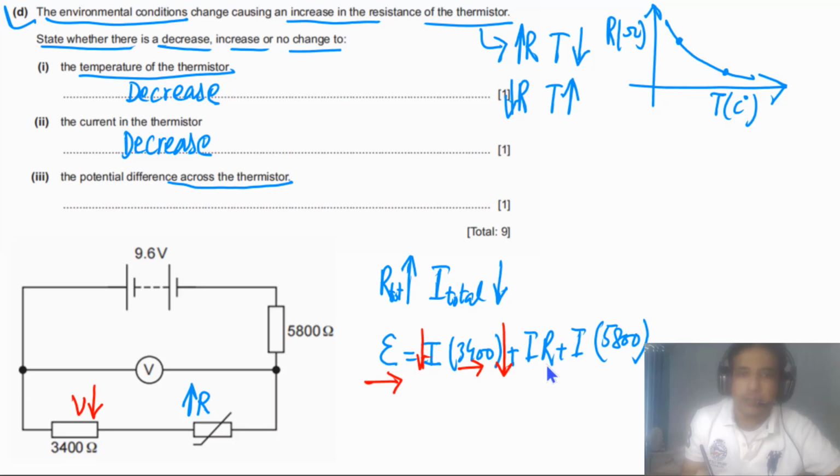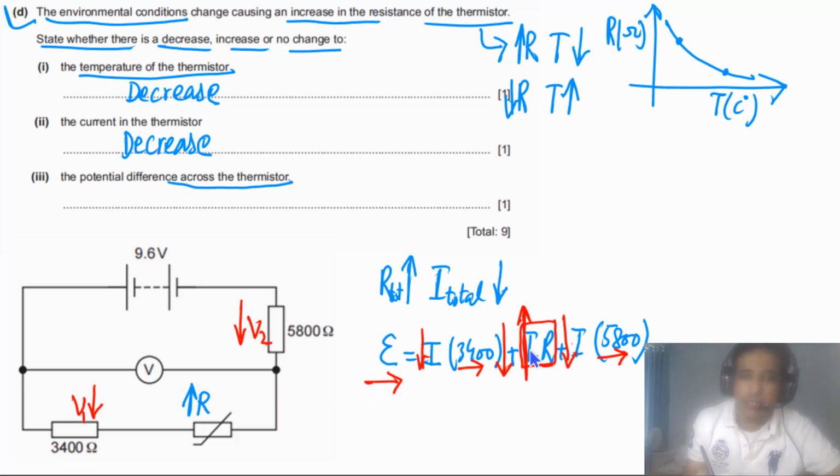First of all, let's look at this one. This resistance is constant, this current decreases. It means PD across this one also will decrease. We can say this is V1, we can say this is V2. So the PD across thermistor has to increase because EMF is constant.